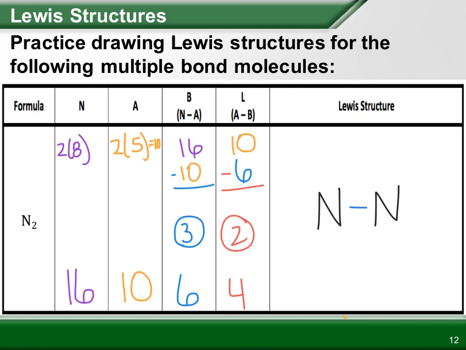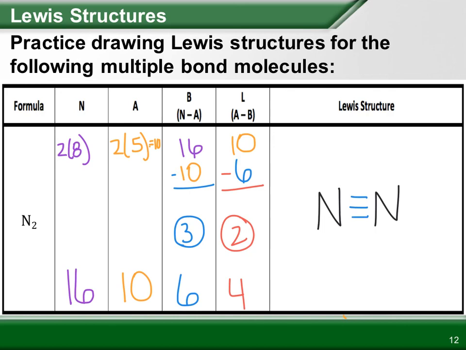We're going to connect them. I count my bonds. I've used 1, but I need 3. Well, there's only one place to put all 3 of these bonds in this structure, because bonds always have to connect 2 atoms together. You cannot just put them anywhere. And so I will go ahead and make that a triple bond for N.